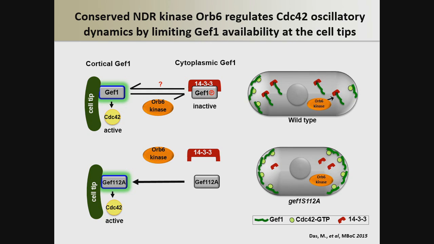of active Cdc42. In a mutation in which you substitute the serine at the phosphorylation site in Gef1 by an alanine, this protein can no longer be phosphorylated by Orb6, and as a result, it cannot interact with the 14-3-3 protein Rad24. And in these cells, we see an increased localization of Gef1 at the cell tips and higher levels of active Cdc42.